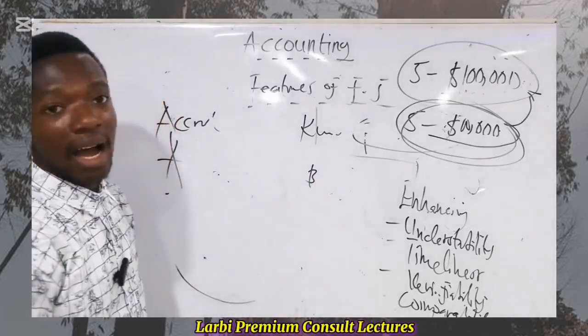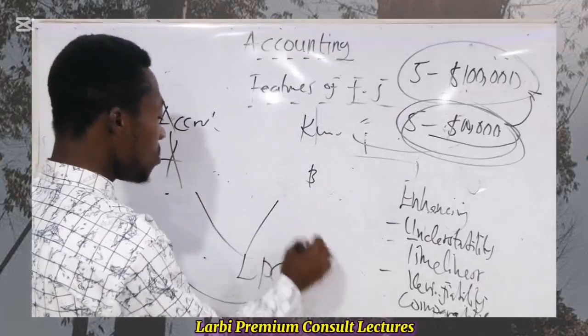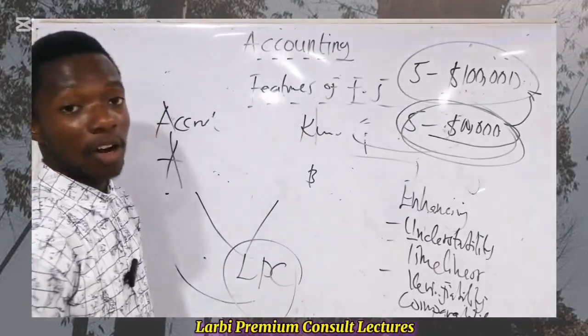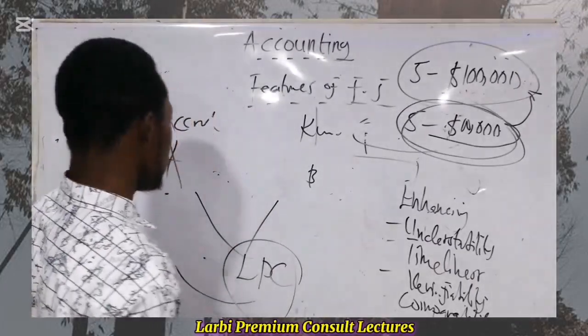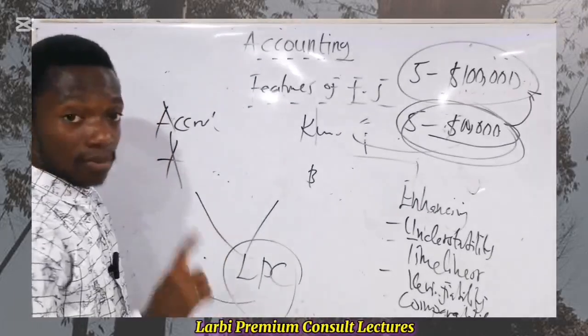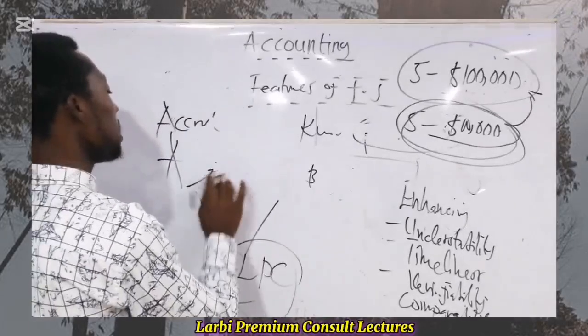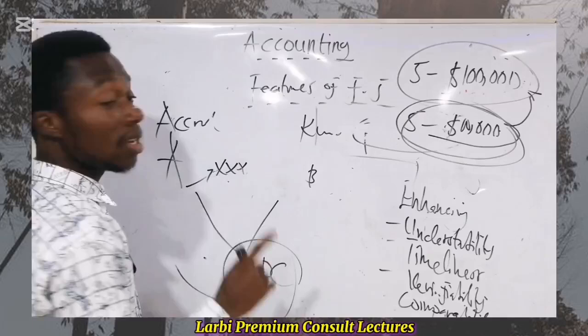Accountants A and B are co-workers in LP Company Limited.